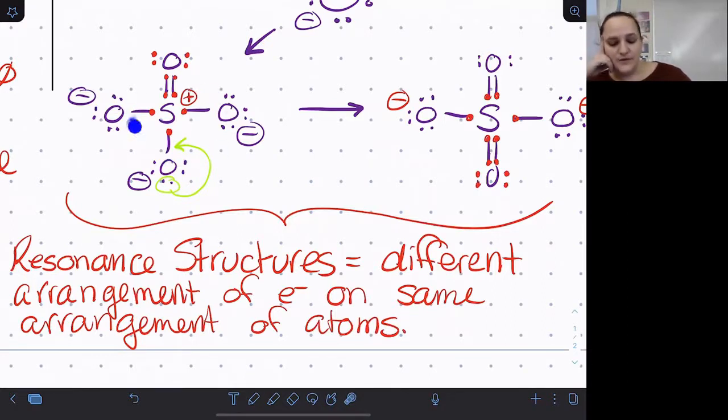For these structures, we have a sulfur atom in the middle, 4 oxygens around it. We have the same arrangement of atoms in all of these structures. The only difference is where we're putting the electrons, and we call those resonance structures.